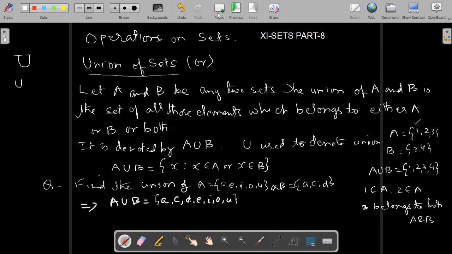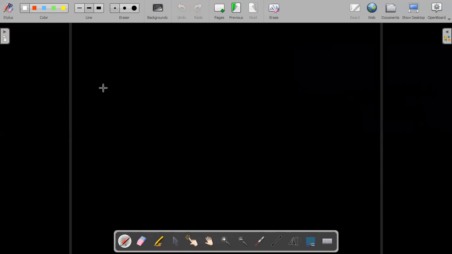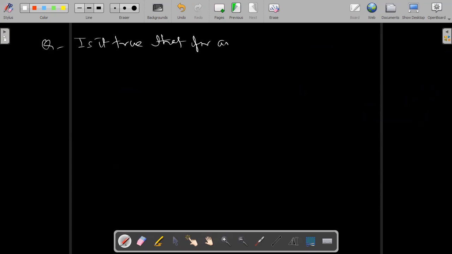And one more question is on union, but that I just told you to make the correction. So the question is: is it true that for any set A and B, power set of A union power set of B is equal to power set of A union B?